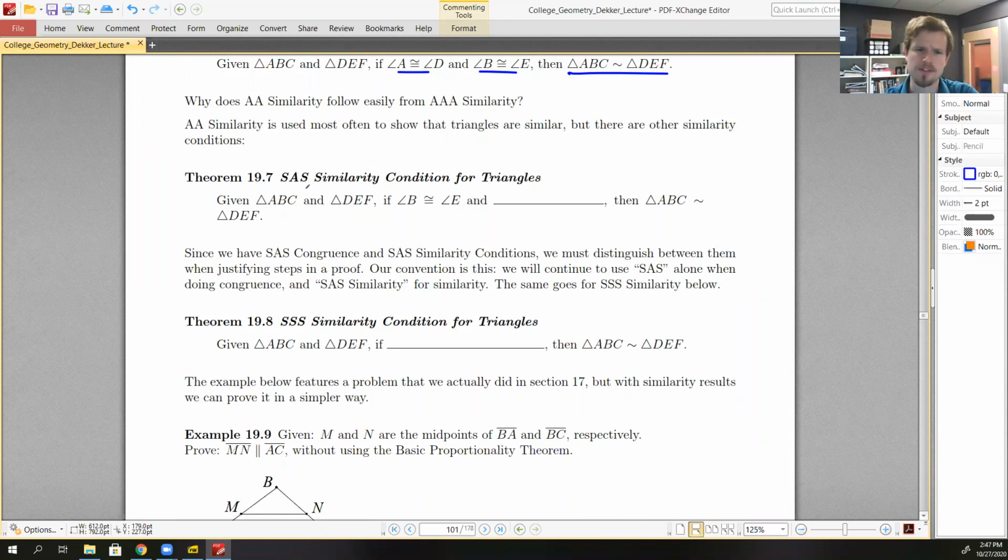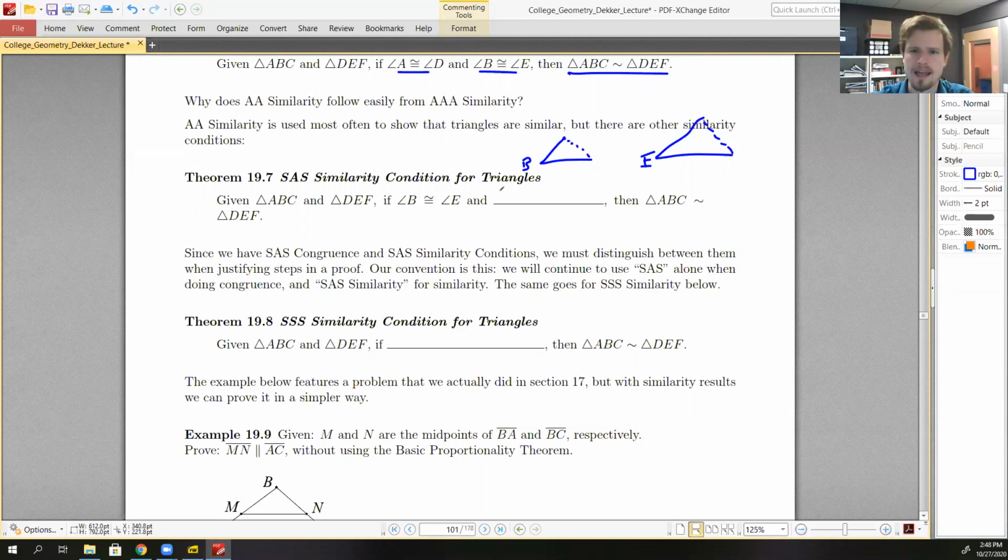If we have two triangles, ABC and DEF, and angle B is congruent to angle E, so we're looking at side angle side and side angle side, the angles need to be congruent, but then we want the appropriate ratio for the sides.